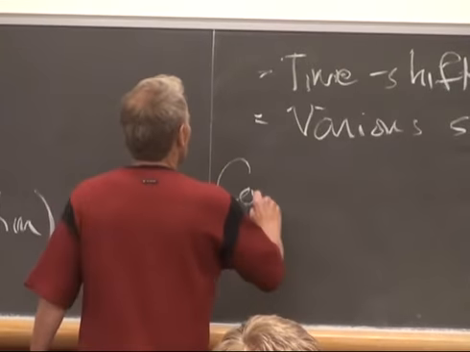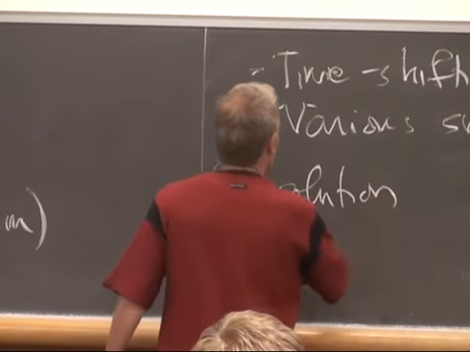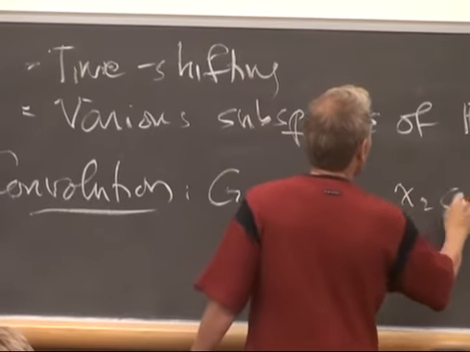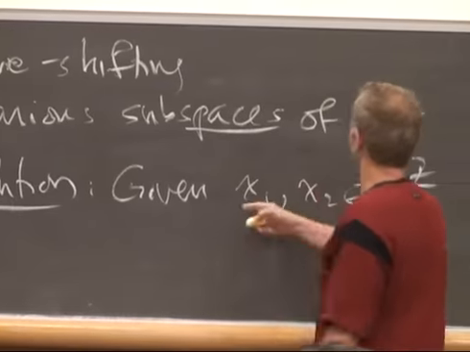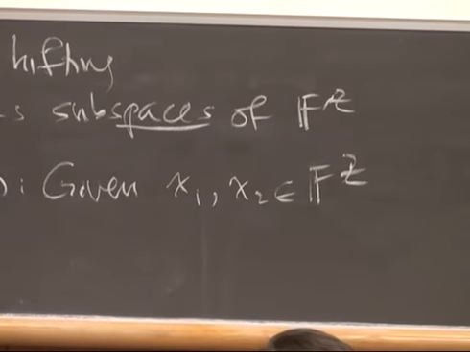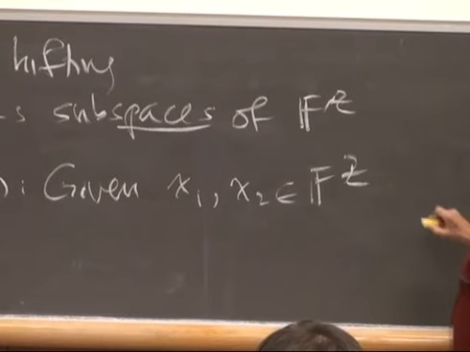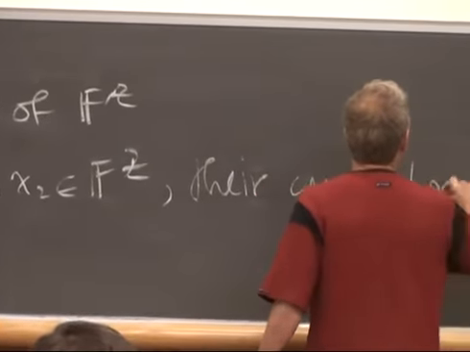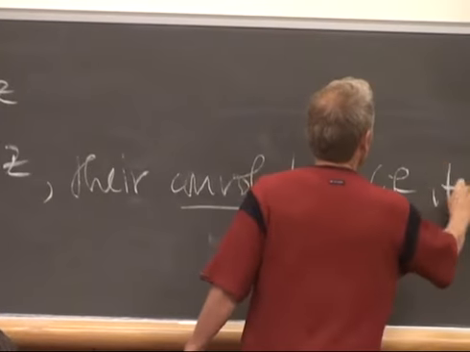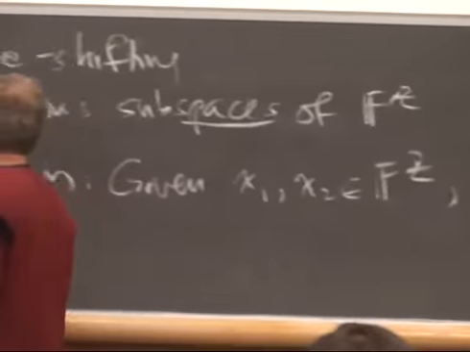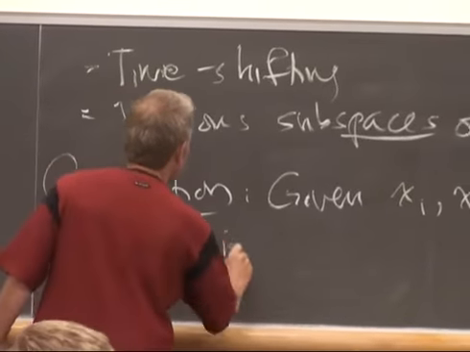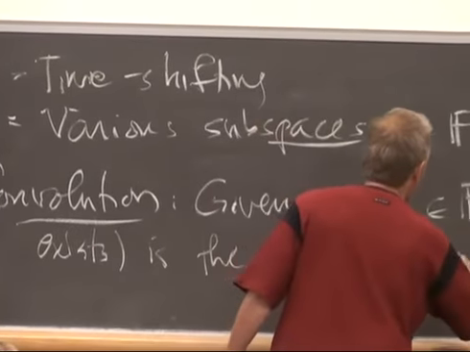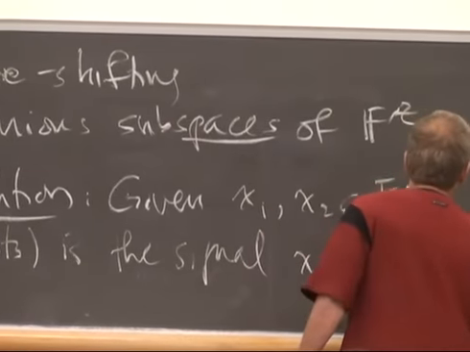So, convolution. If you're given x1 and x2 in F to the Z, and remember we're using just the letter to denote the signal, not x1 of n, x2 of n, their convolution, if it exists, is the signal x1 convolved with x2 specified by the following formula.